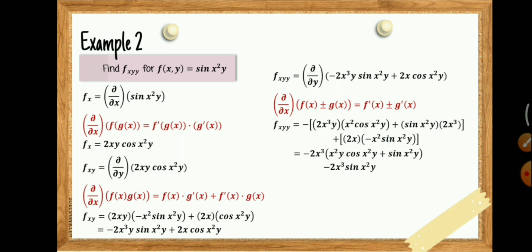Using the multiplicative inverse, we have now negative 2x to the power 5 y cosine x squared y minus 2x cubed sine x squared y minus 2x cubed sine x squared y. So using the additive inverse, we have now negative 2x to the power 5 y cosine x squared y minus 4x cubed sine x squared y.